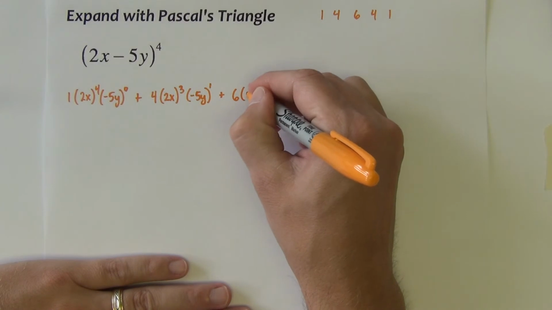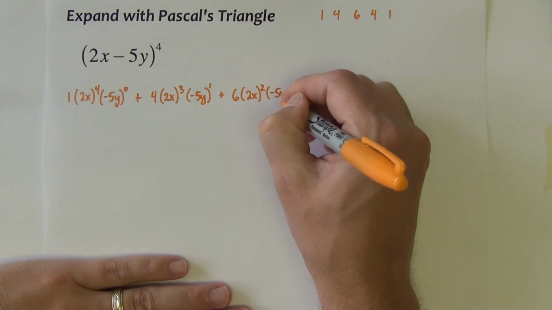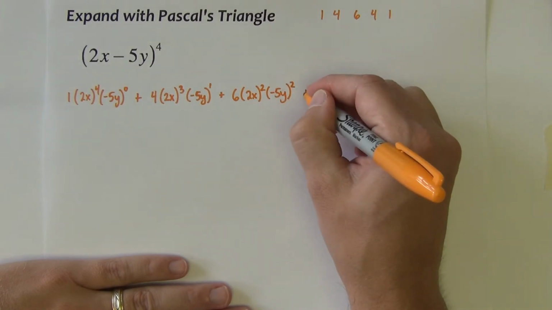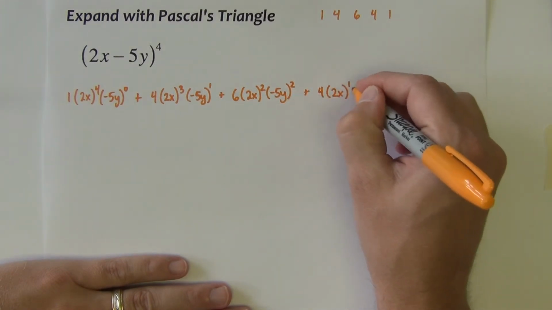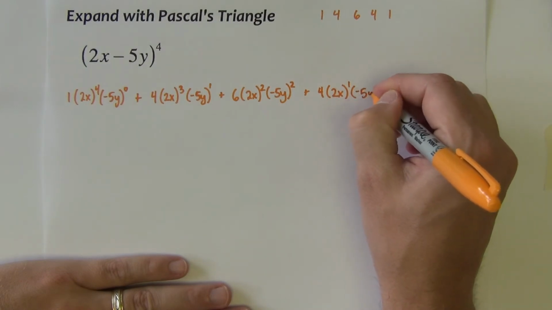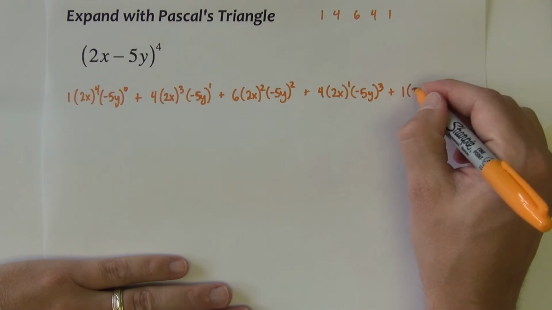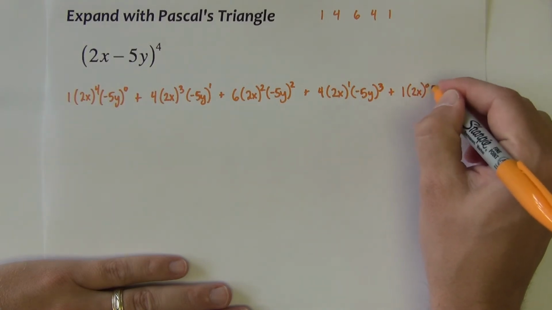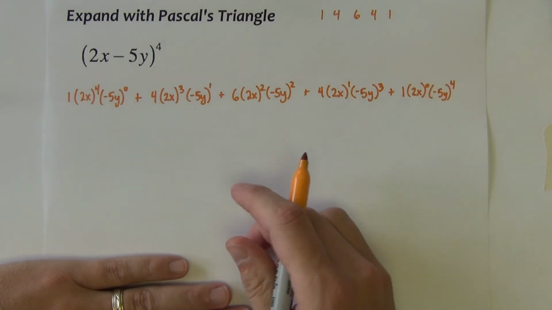Next is 6, 2x goes down a power, negative 5y goes up a power. Next is 4, 2x continuing to go down a power, negative 5y goes up a power, finally 1, 2x goes down a power, negative 5y goes up a power.